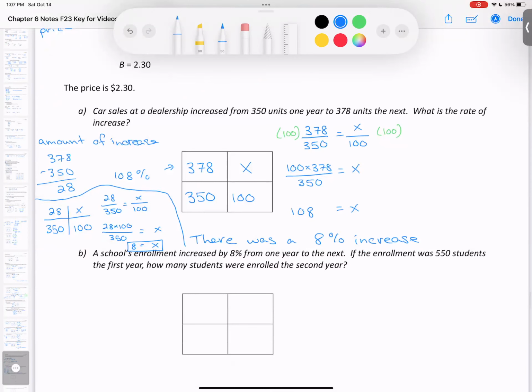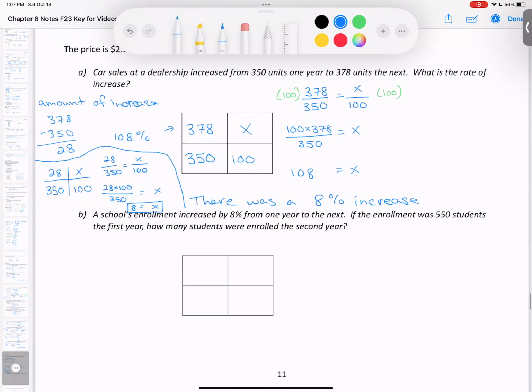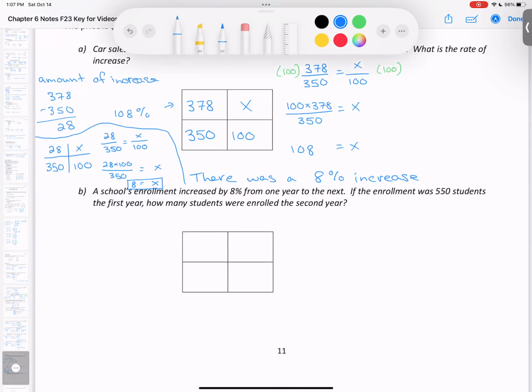Okay, let's take a look at the next one. A school's enrollment increased by 8% from one year to the next. If the enrollment was 550 students the first year, how many students were enrolled the second year? I'm going to do this in one step.